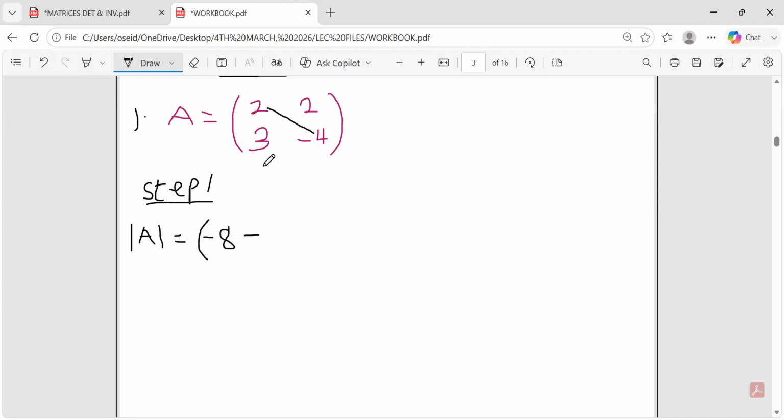Then we subtract the other diagonal, 3 multiplying 2, which is 6.